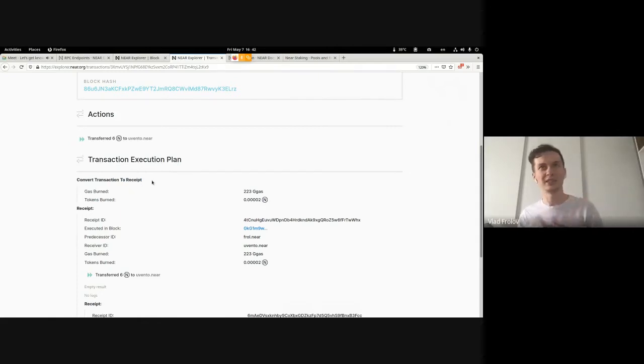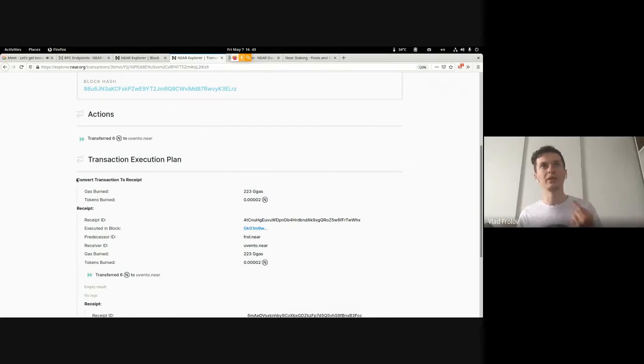It's a similar thing to a transaction, with the only change that they are signed by the validators, not by the users. They are signed by validators and then transferred across the network on behalf of validators. So validators are now in charge of those transactions. So let's see what exactly this means.